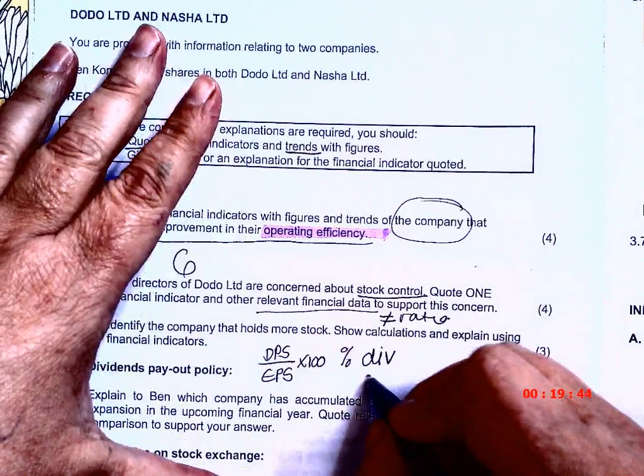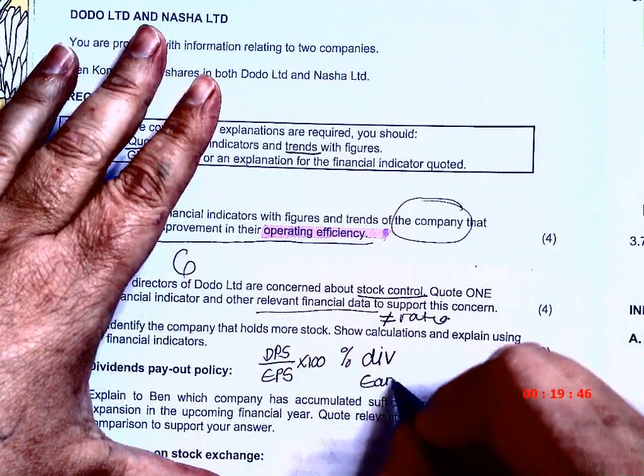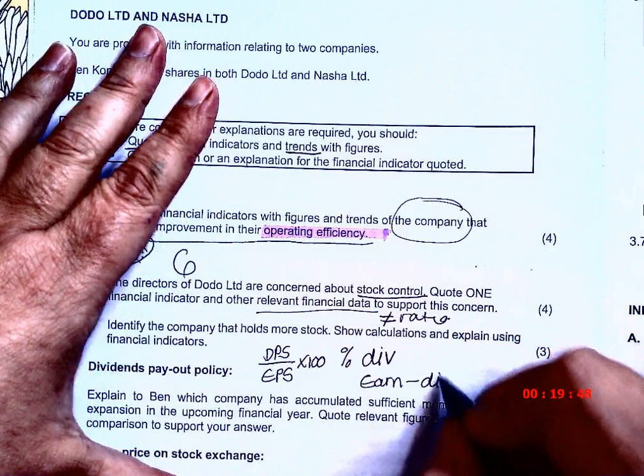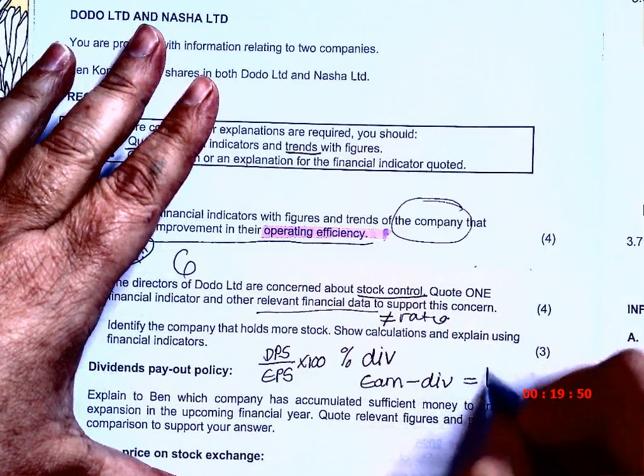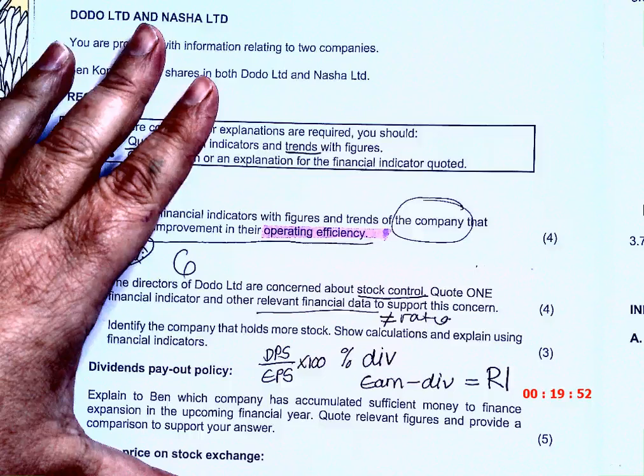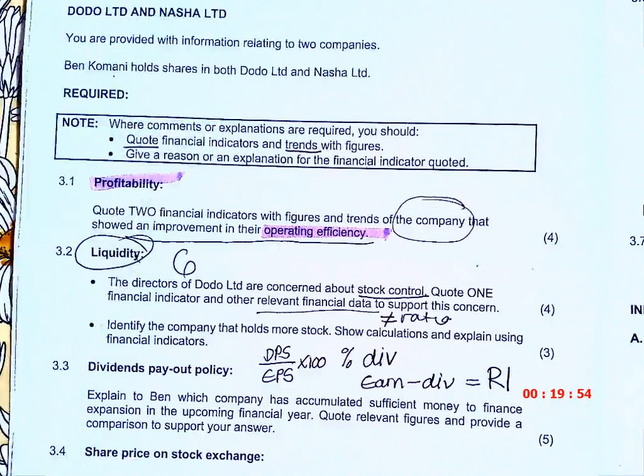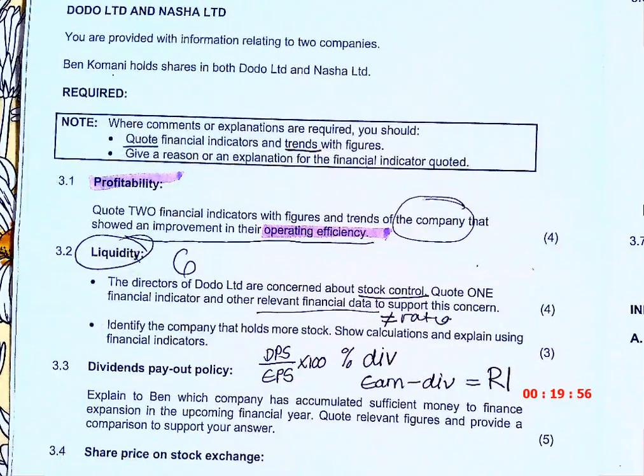Now, if I take that earnings, I subtract the dividends, then I get the retained income. Okay, so whenever you comment on the dividend payout, you need to tell me two things: the percentage dividends, but then you also need to tell me the percentage retained.